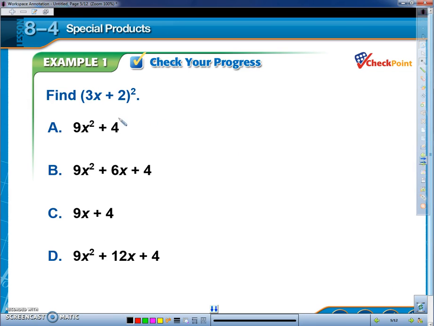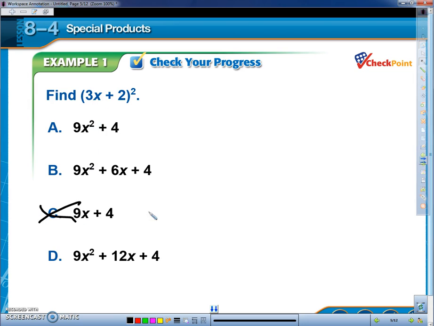Check your progress. I'll give you a couple seconds to pause this and work this out. Okay, so work smarter, not harder on multiple choice questions. If it's squared, 3x times 3x would be 9x squared.